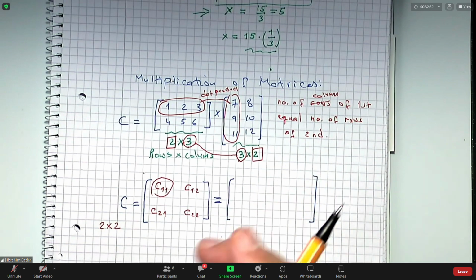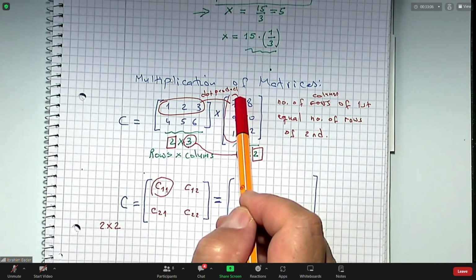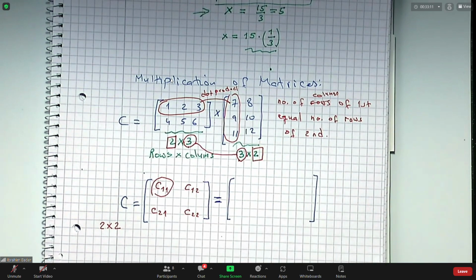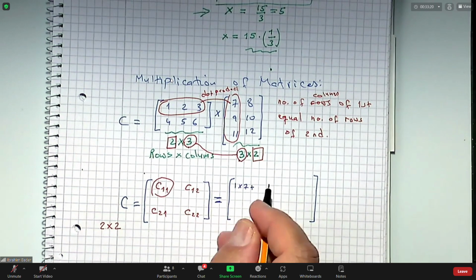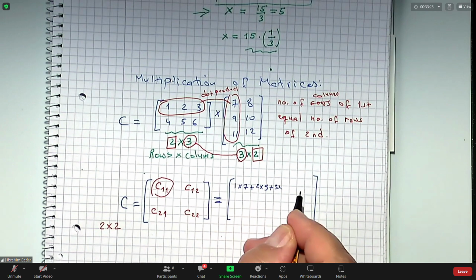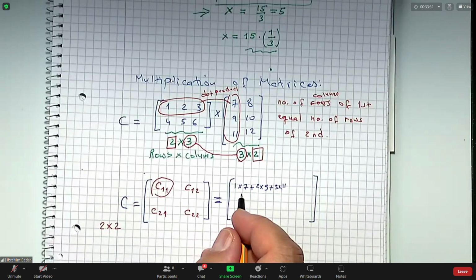You remember the rule for the dot product, or do you want me to repeat it? Multiply the first element with the first element, add it to the second times the second, and the third times the third. So here it's 1 times 7 plus 2 times 9 plus 3 times 11.